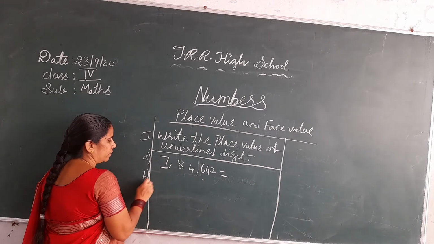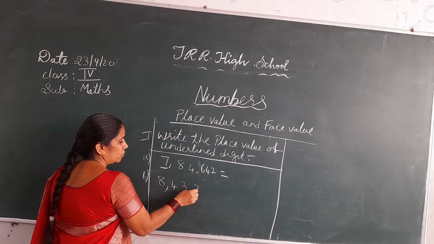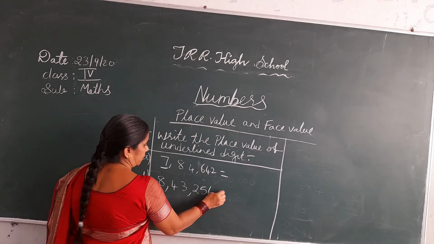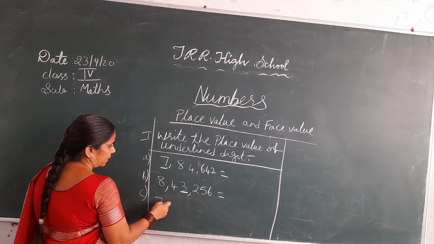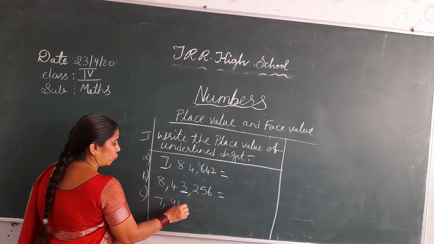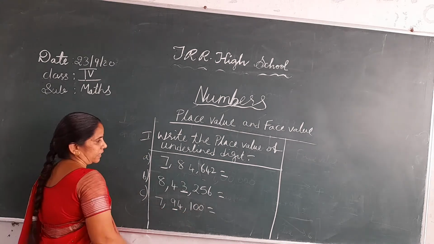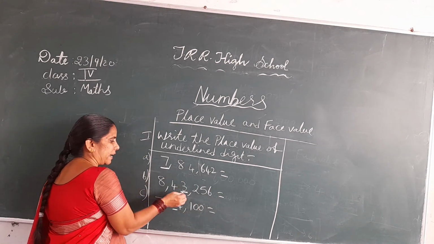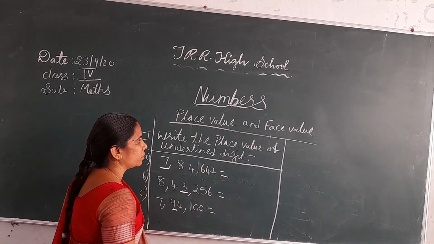The second one, 8,43,256. 3 is underlined. 7,94,100. 9 is underlined. Whichever digit is underlined, only that place you write here. That will be the place value.